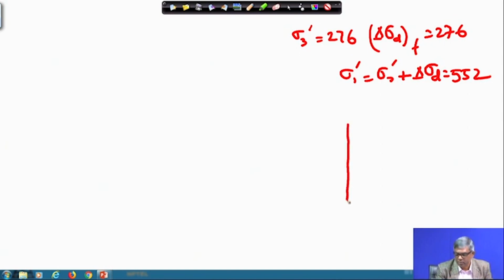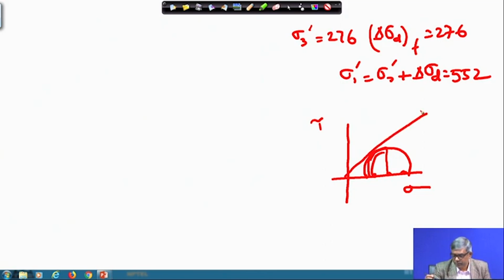So I can draw like this, tau and sigma, suppose, and this is your sigma 1 is 552, sigma 3 is 276. So I can draw a circle. And then I can have the envelope something like this, and that means I have this one.